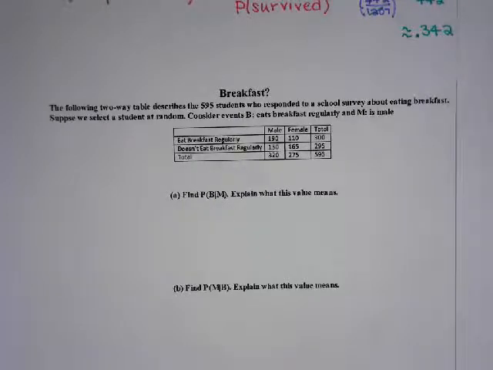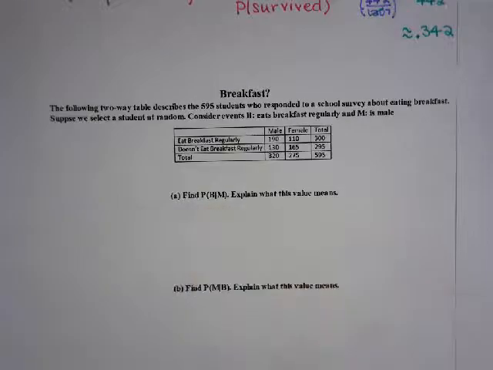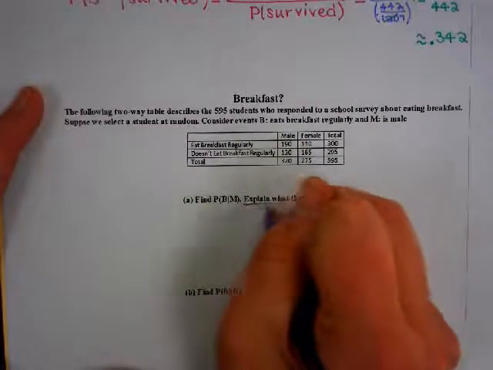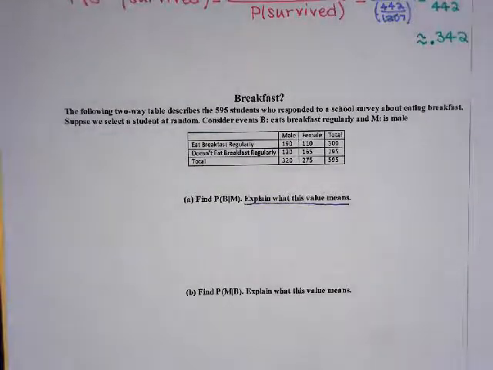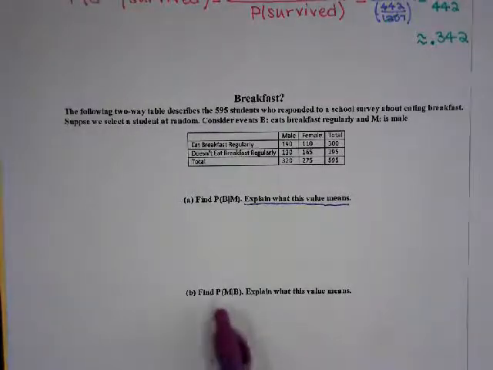So we're going to find the probability they eat breakfast regularly given it's a male student. And the new part to this is we're going to write a sentence stating what it means, and then we're going to find the probability that the student is male given they eat breakfast regularly, and then write a sentence that explains our answer.